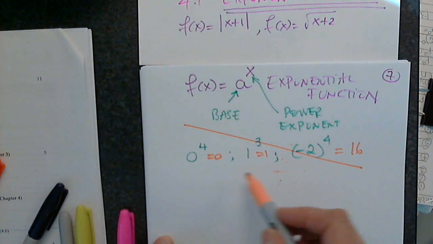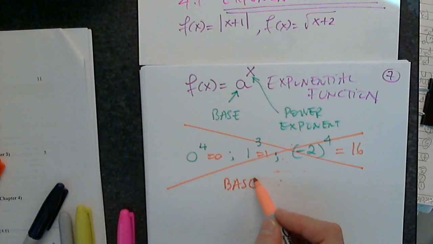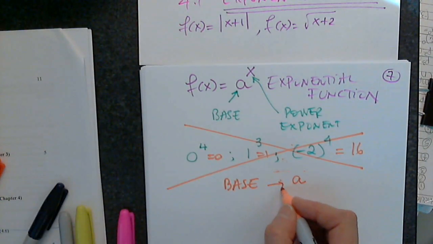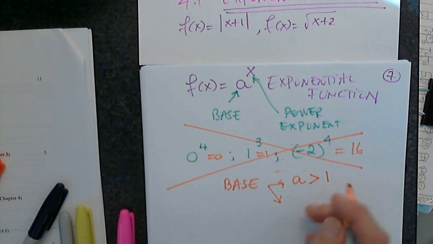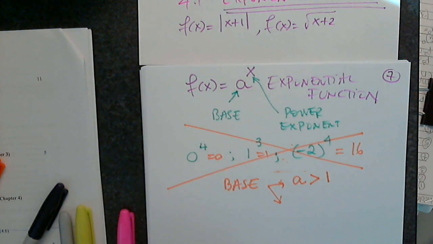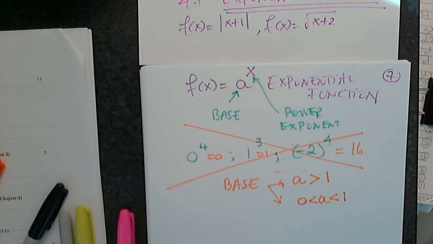All these are not allowed for exponentials. So the base of the exponential function, which is a, can be one or the other. Strictly greater than 1, never 1. Or the other option is a tiny positive number between 0 and 1, not 0, not 1.